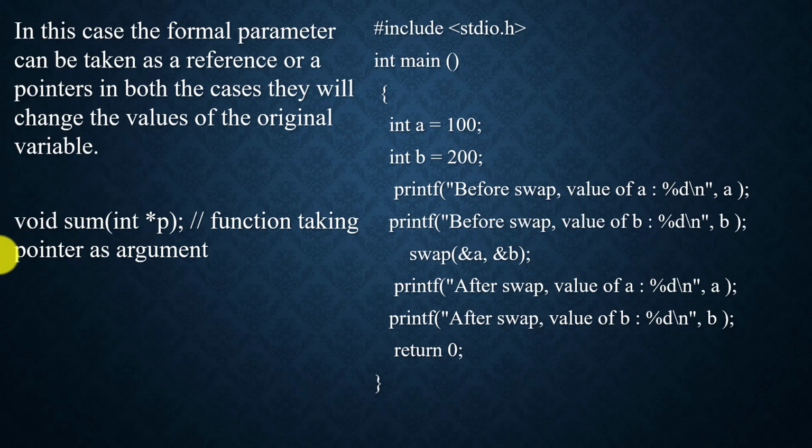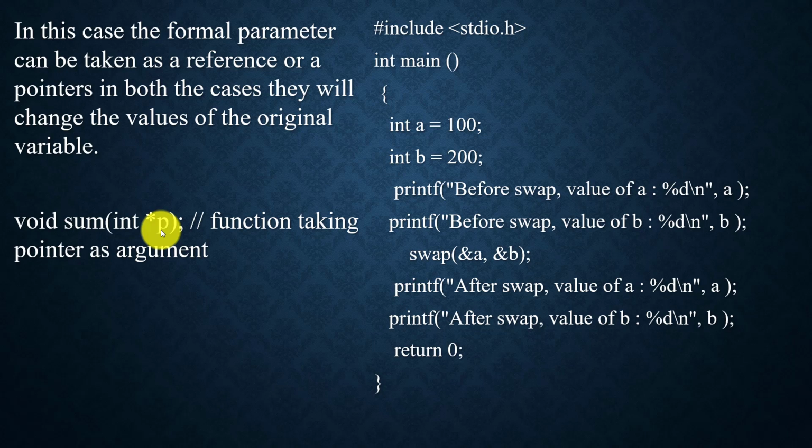It changes the values of the original variable because we are passing the address, and it is denoted by int star p, that is the pointer, which manipulates the value at that address, and that's why it's called call by reference.